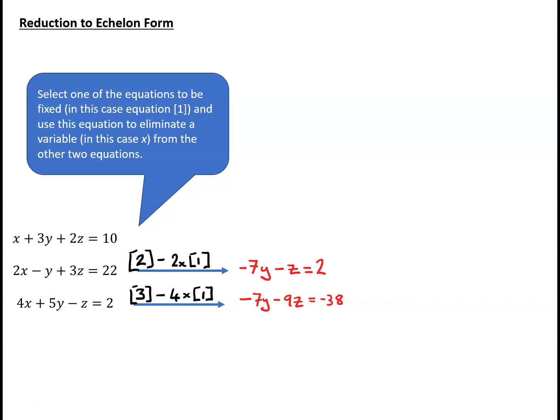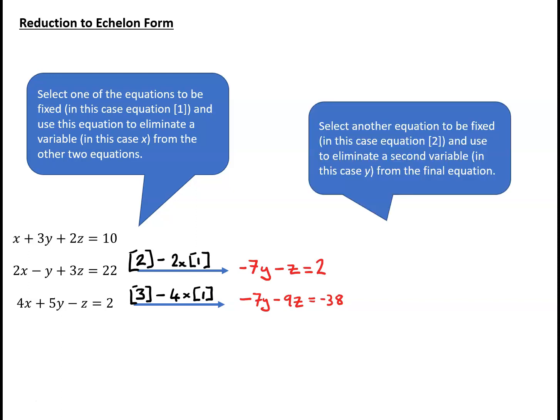So I've now got one equation in 3 unknowns and 2 equations each with 2 unknowns in them. The second step now is to select another equation to be fixed, and in this case we'll take equation 2, and use this one to eliminate a second variable from the final equation.